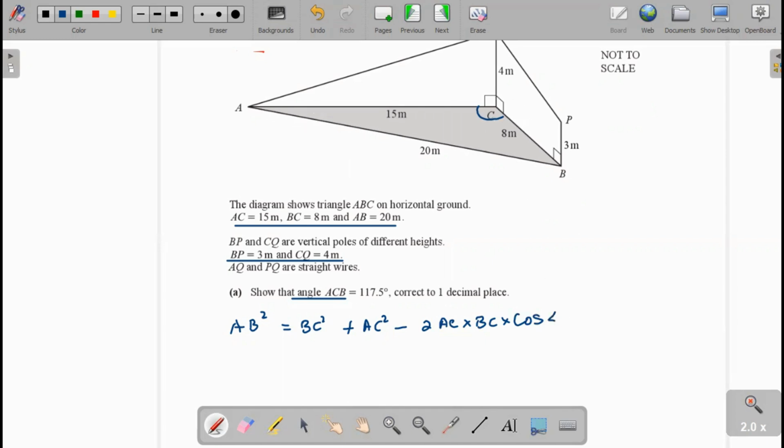ACB is the angle between them. You see here AB is 20 square, BC is 8 square, AC is 15 square, minus 2 times AC 15 multiply BC 8 multiply cos of angle ACB.